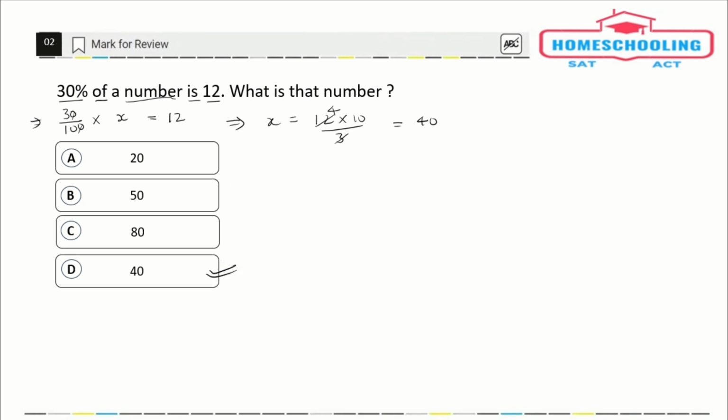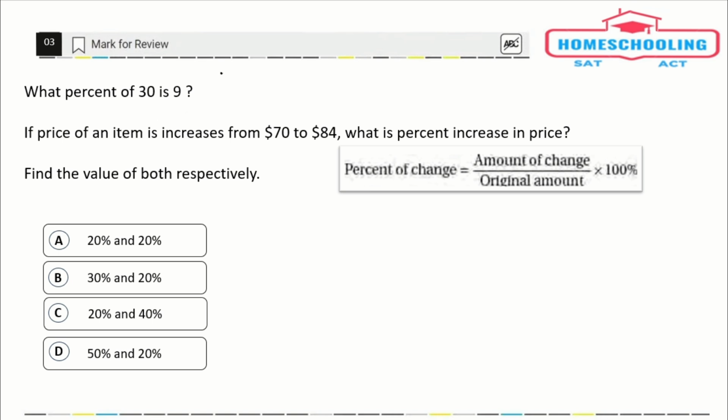Now moving to the next question. What percent of 30 is 9? For "what percent" we will take x percent, so we will write x percent as x by 100, "of" stands for into 30, "is" stands for equal to 9.